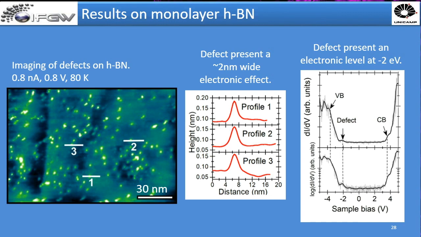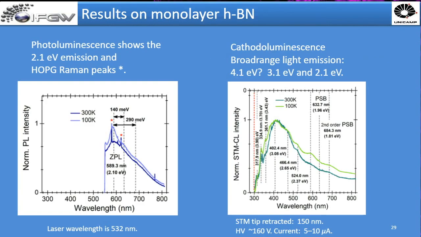And it's really a very good start. And regarding the optical properties, even if you could not see the luminescence at very high energies, we could see photoluminescence close to the 2.1 emission.